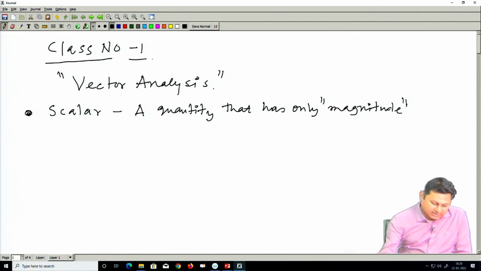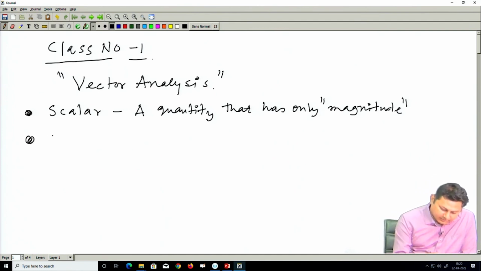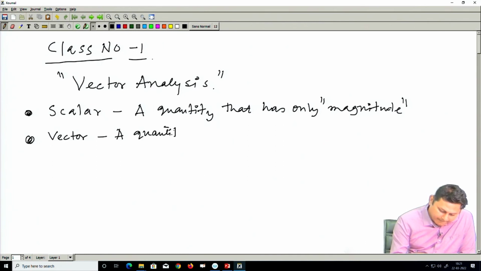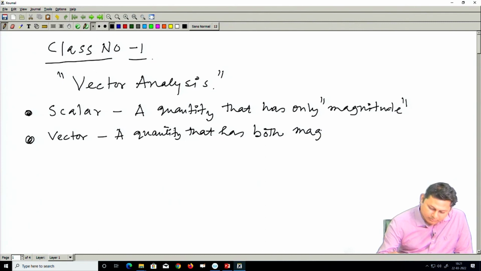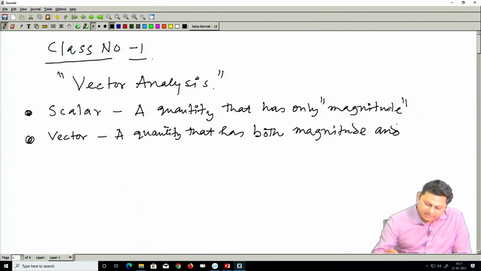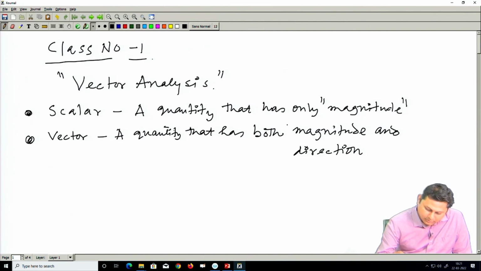We all know that. On the other hand, a vector is a quantity that should have both magnitude and another very important thing, and that is direction: magnitude and direction.